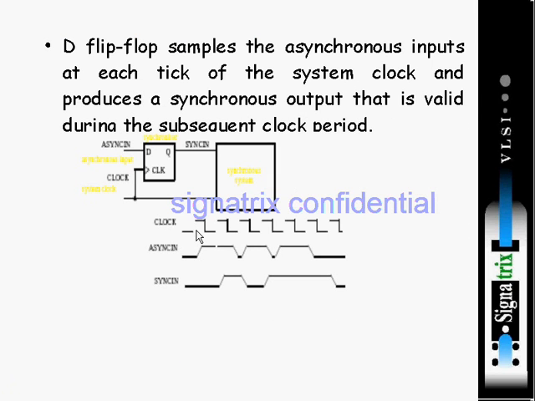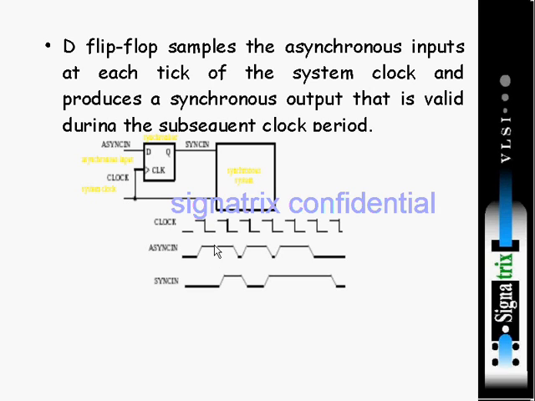This is a passage of clock. During this passage of clock, what is the input? Low, right? That's why it has sampled that input signal. That's why it is maintaining the same level. What has it sampled here? 0, right? So that's why it is maintaining that output as 0 up to here. In the next passage of clock, what is it doing?